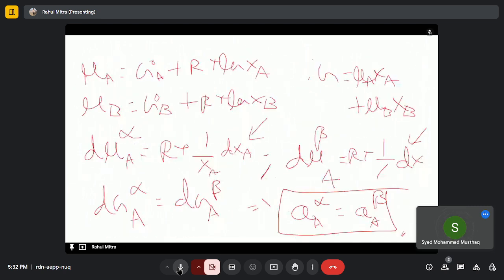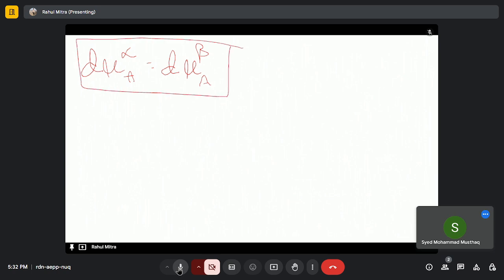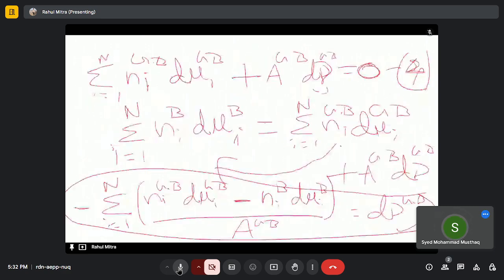Now we know that when two phases are in equilibrium, the chemical potentials of elements in both phases must be equal, or you can say the change in chemical potential of both phases must be equal. So the chemical potential of A in beta phase. We arrive at a very important relation. Now, let me write this equation again.